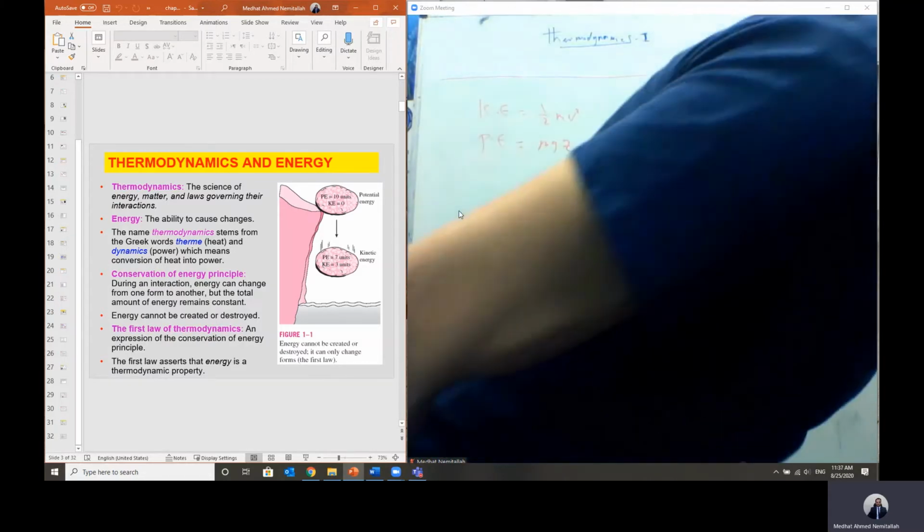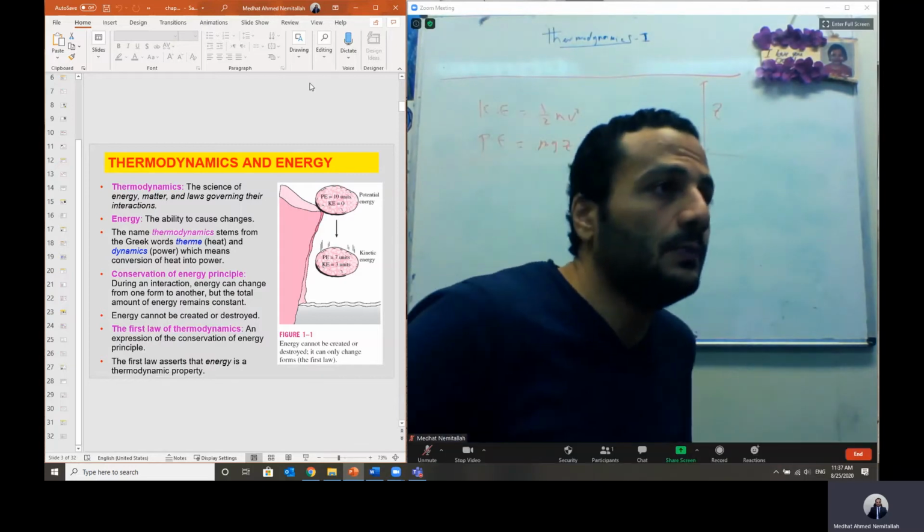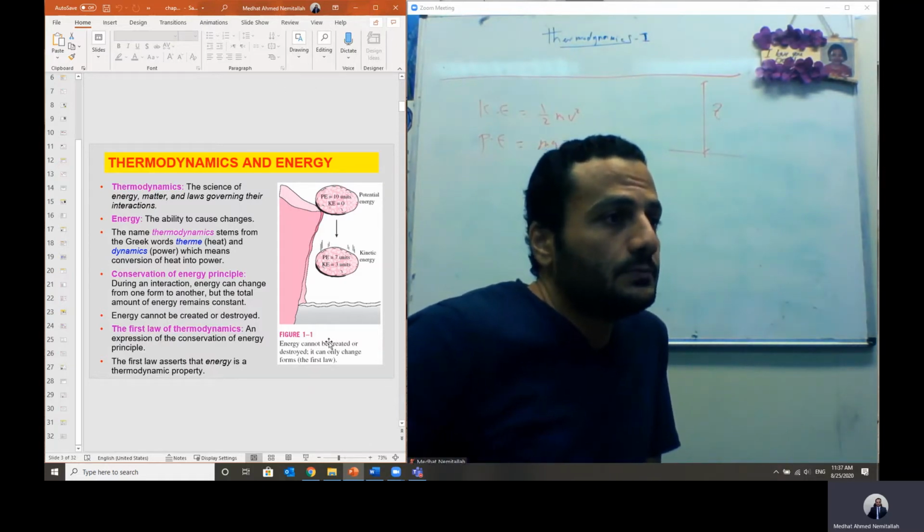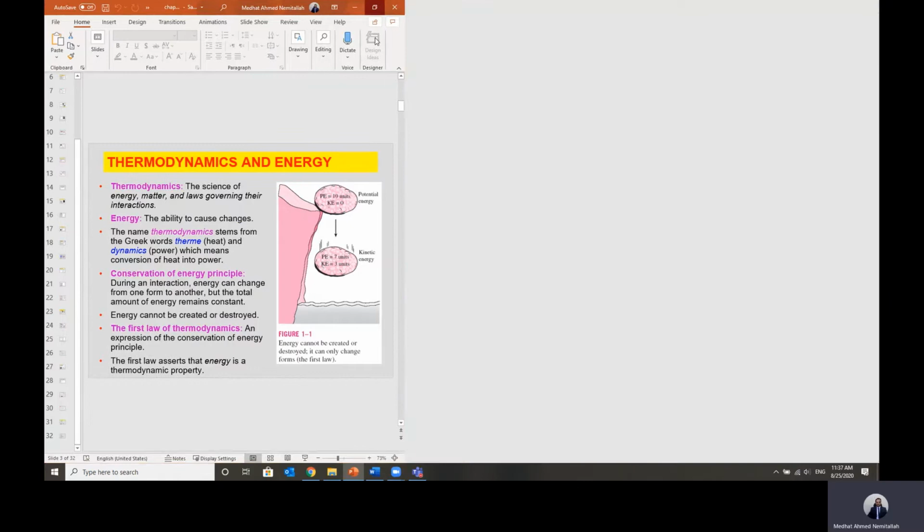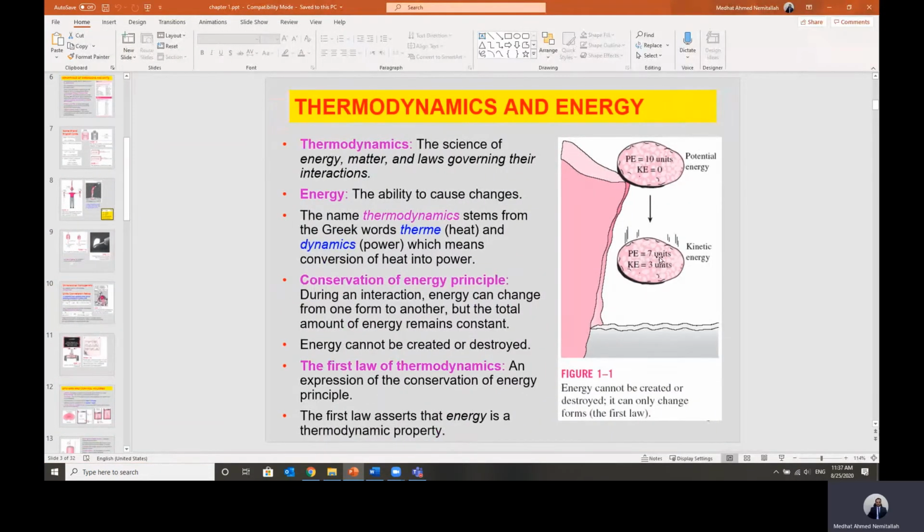So at a given height here, if we have potential energy equal to 7 units, the kinetic energy should equal 3 units, then the total energy should equal 10 units. First law of thermodynamics.